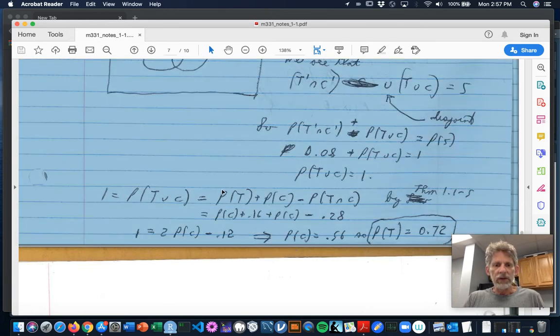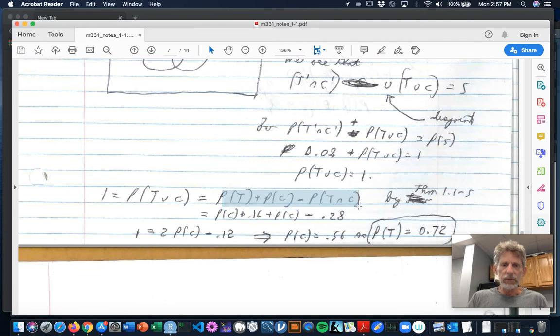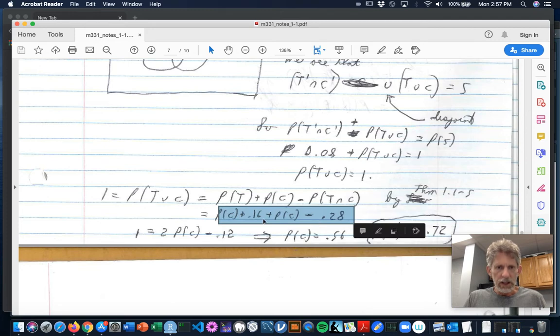But by that theorem 5, that's the probability of T plus the probability of C minus the probability of T and C. And so it's the probability of T, which is the probability of C plus 0.16, we were told, plus the probability of C minus the probability of T intersect C, which is 0.28. And so this works out to 2 probabilities of C plus 0.16 minus 0.28, which is minus 0.12.